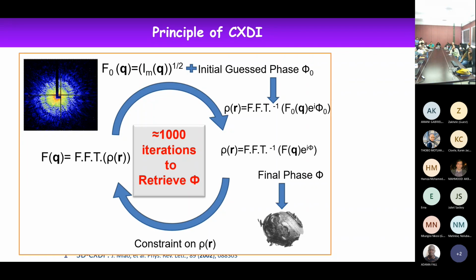And in addition, you need also to say that outside of the sample, so typically in this case a few microns, the electron density should be 0. And then you calculate again the Fourier transform of this new electron density which has been constrained, and you compare it to this. And you do this iteratively, and after a while, you can get the right phase.